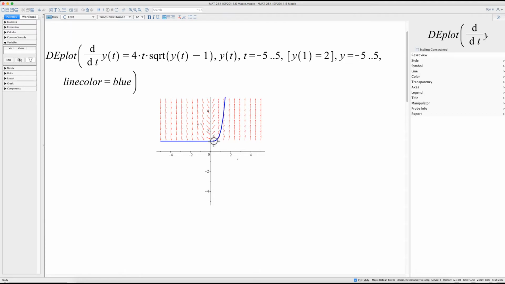And then as soon as we get to y equals 1, everything that's over here, we have no idea how it's behaving. So that allows us to make some predictions. So Maple allows us to see what's going on. And what's really interesting about this is, of course, it says nothing about the slope field lines below y equals 1. So let's go back to the notes and take a look at what's going on the next page.